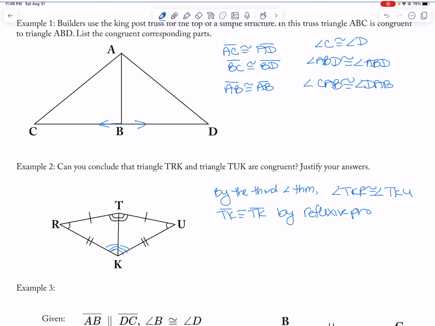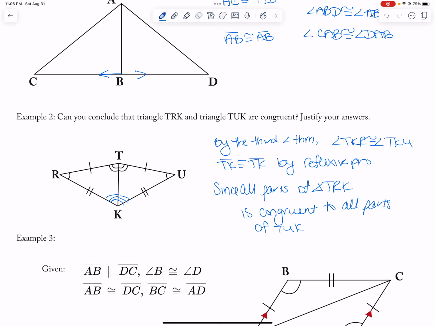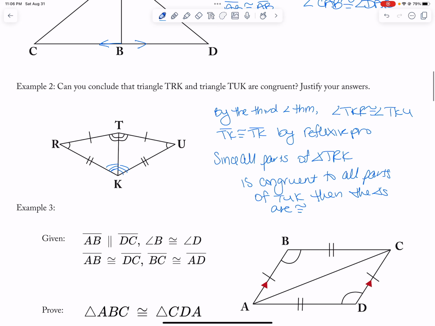So now basically I have shown that all the parts are congruent. So since all parts of triangle TRK are congruent to all parts of TUK, then the triangles are congruent.